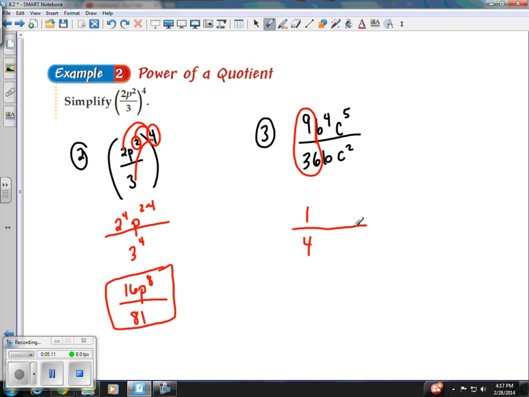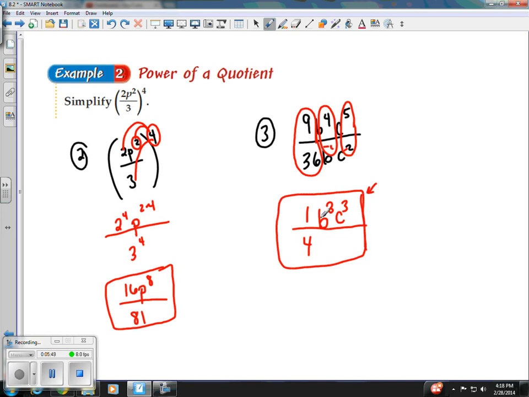And that's because whenever we're dividing, we always want to put our variables on the top part of the bar. So if we get the fraction 1/4, we make a long bar and we're going to put our variables on top. So I'm going to drop down my b. And once again, that b on the bottom here is b to the first because it's 1 there. So we're dividing, so we subtract our exponents. So 4 minus 1 is 3. I drop down my c and do 5 minus 2 is 3. And that's as far as we can go, and that's our answer.